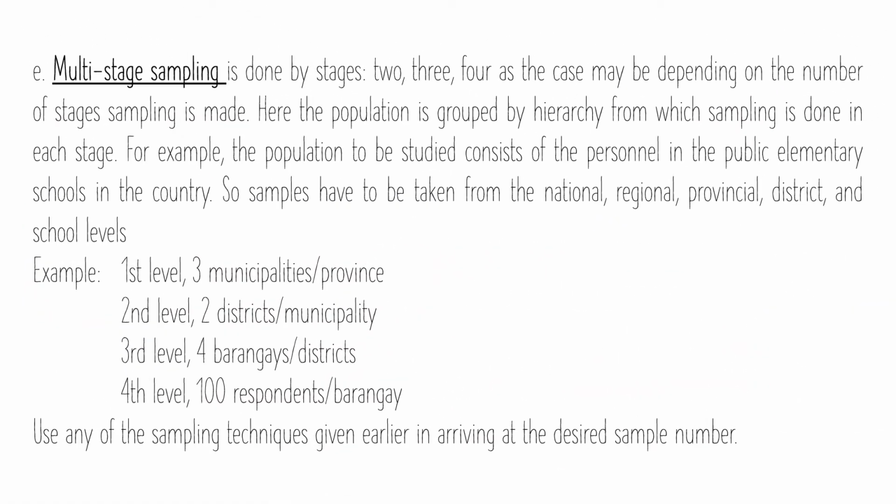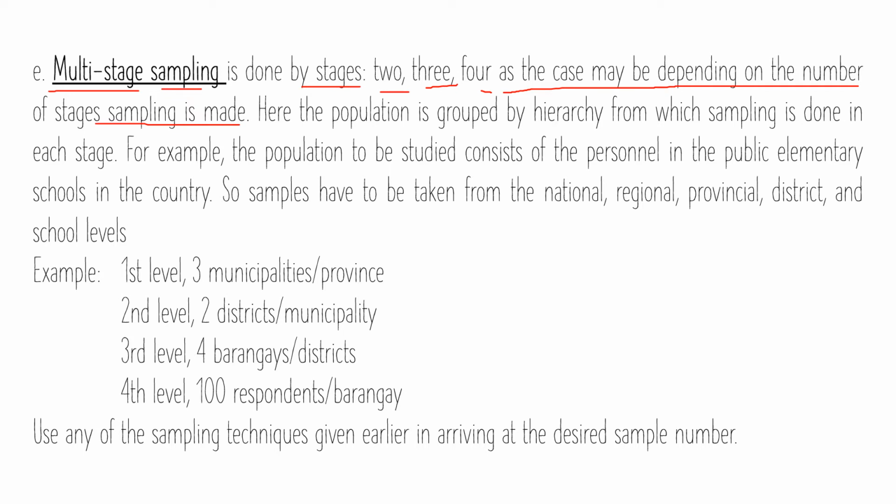Our next sampling technique is multi-stage sampling. This multi-stage sampling is done in stages. From its name, multi-stage sampling: 2, 3, 4, as the case may be, depending on the number of stages sampling is made.